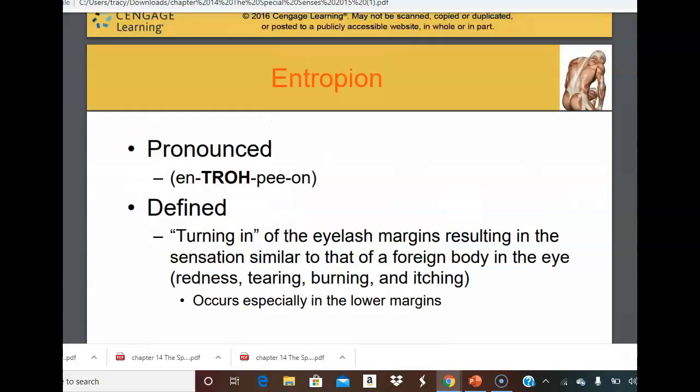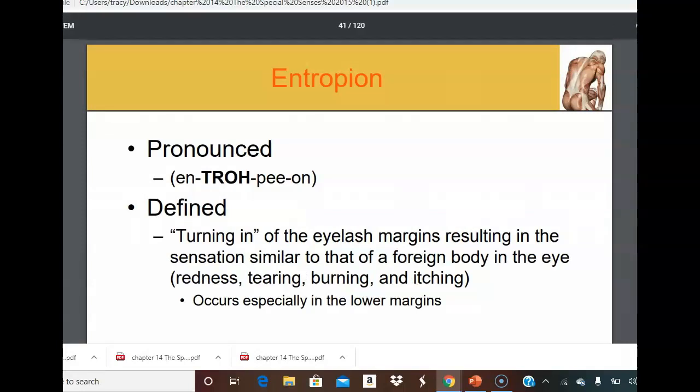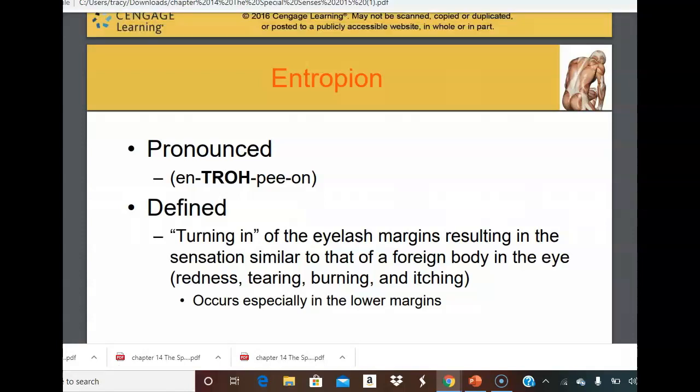That can all lead to problems with vision. Then we have the opposite problem, called entropion. That's where the eyelid margin turns inward, which results in a sensation similar to a foreign body, because the eyelashes can scratch the cornea.